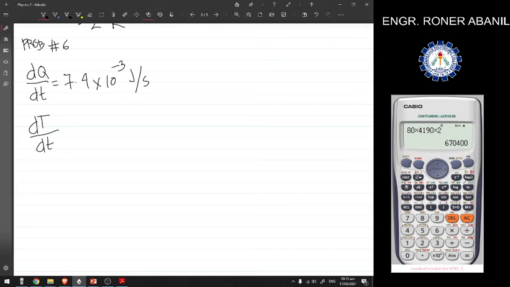So, the equation we will use here is the derivative of Q, which is equal to mc dT. Right?